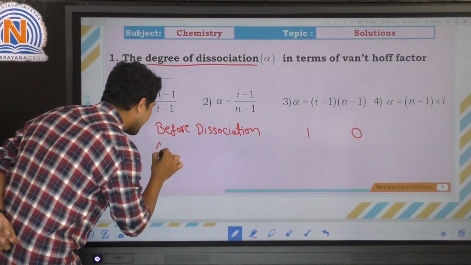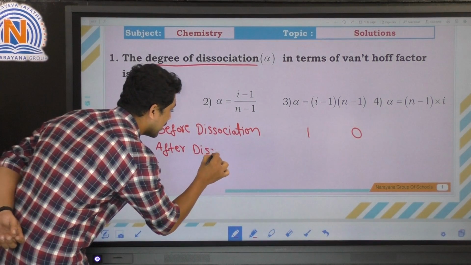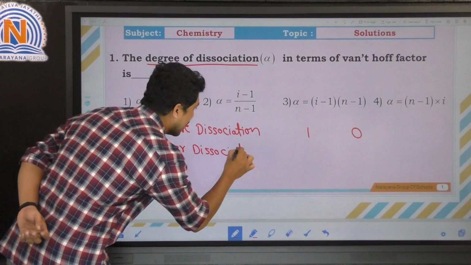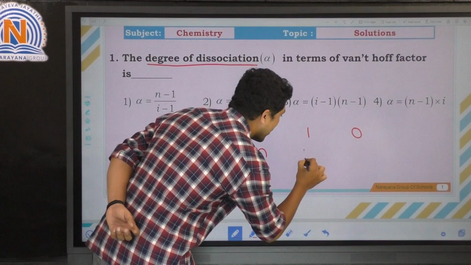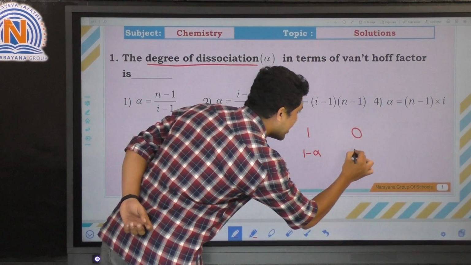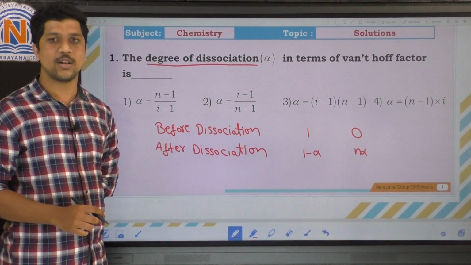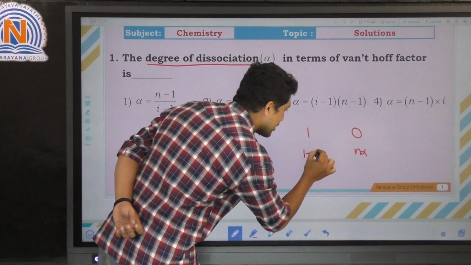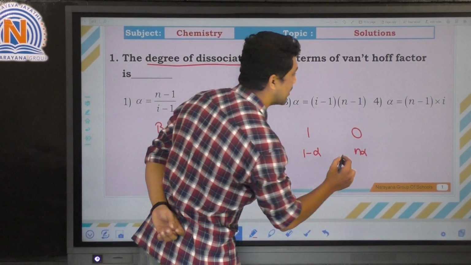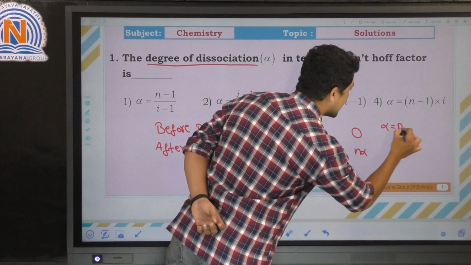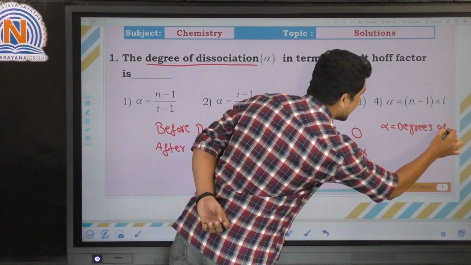After dissociation, the unionized particles are 1 minus alpha, and the ionized particles are n into alpha. So here alpha is the degree of dissociation.